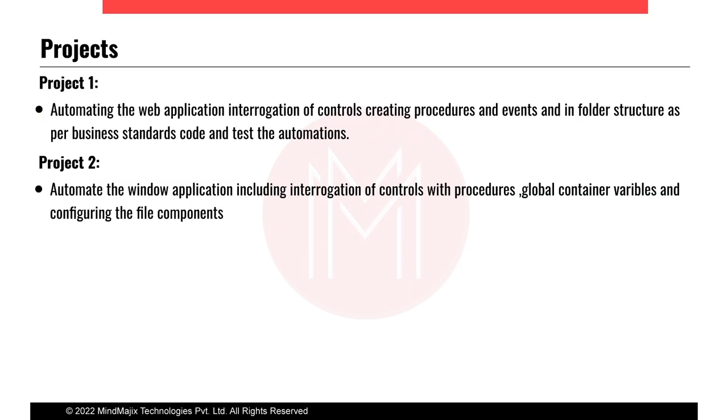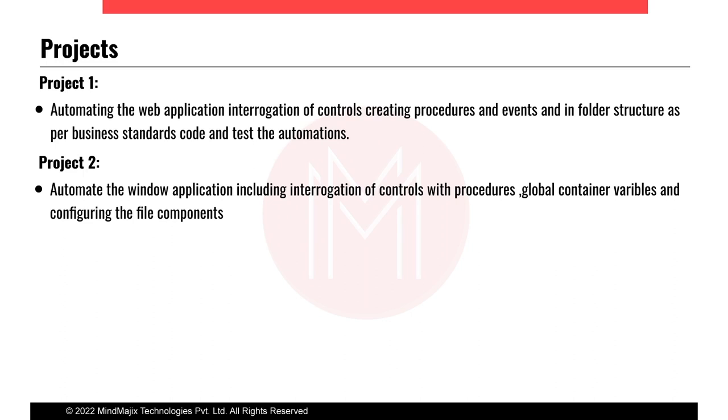After finishing all the modules of OpenSpan, we will pick up two projects. The first project will be automating a web application: interrogation of controls, creating procedures, and events and folders as per business standard codes, because there are coding standards in Pega Robot Studio as well, and testing the automations.